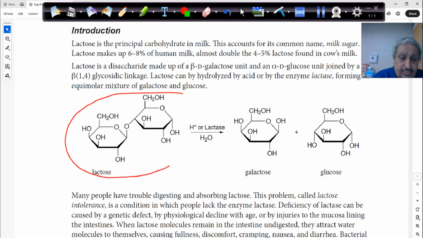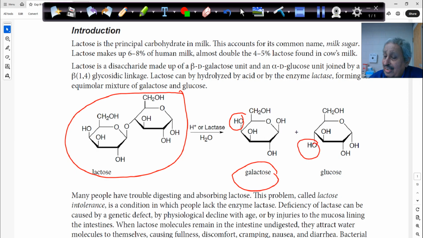this is lactose, and you can see lactose is made of glucose and galactose. What's the difference between them? Somebody can tell me what's the difference between galactose and glucose? Well, it turns out that the OH position on the number 4 carbon, if it's up, that's galactose. If it's down, that's glucose.